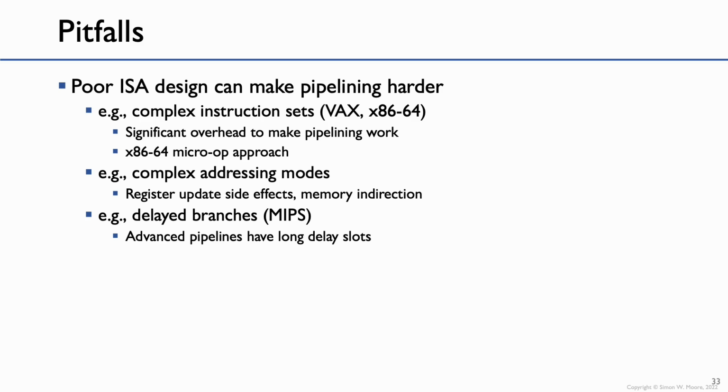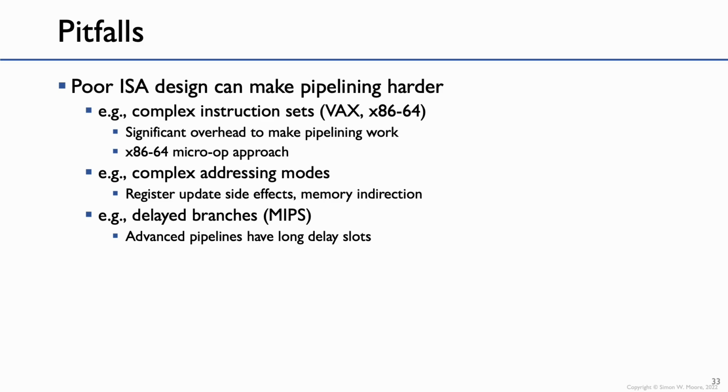It'll be interesting to see how things shift over the next few years, and it'll also be interesting to see Apple moving from x86 for the iMac to ARM-based processors, which are RISC-based machines, and see how well they do that transition. These complex instruction sets also usually have complex addressing modes, and that makes pipelining very difficult.